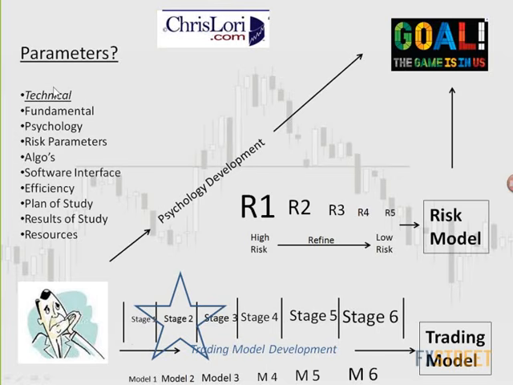Some of you take the technical, some fundamental, some the psychology. You'll have, of course, various risk parameters. Some of you are inclined toward algos or mathematical models. There are other very important elements: your trading software interface, the efficiency of your overall operation, your plan of study, the results of the study, and we all access various resources to complement our development as traders.